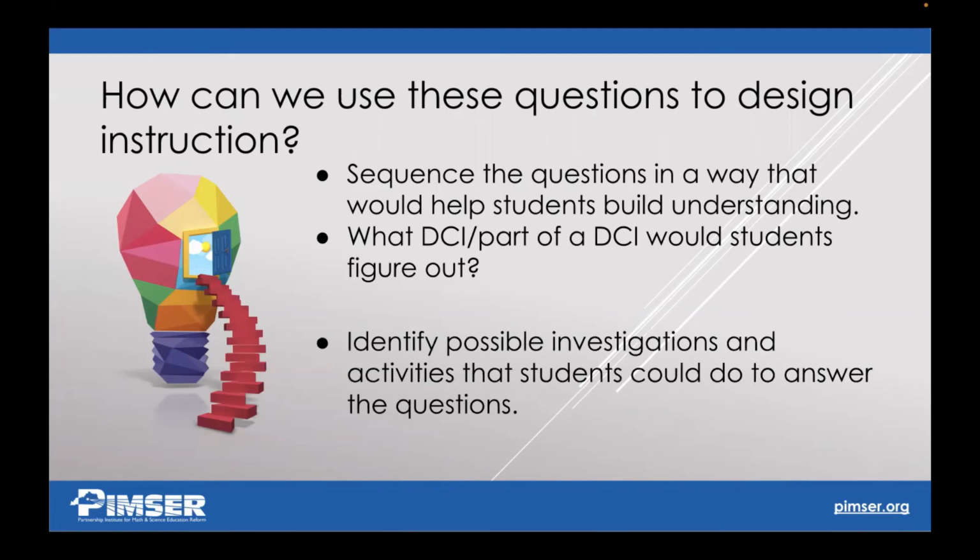And then once we've done that, we can think about what are some investigations or activities that students might do to answer the questions. And these might be things that you've used in the past that you know will get students thinking, gives them those experiences, using the practices to come up with their ideas or their evidence that they're going to use to build towards that explanation.